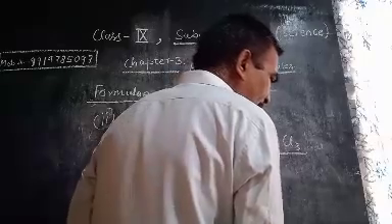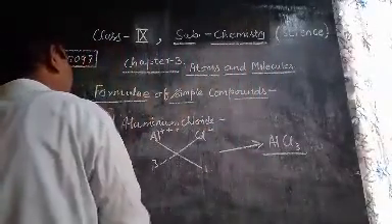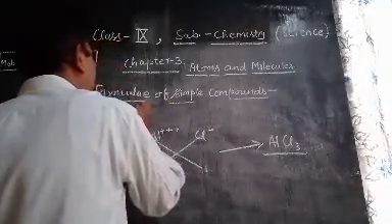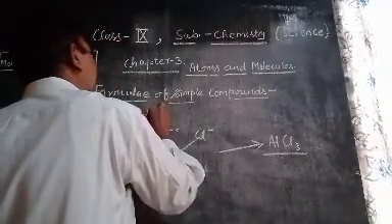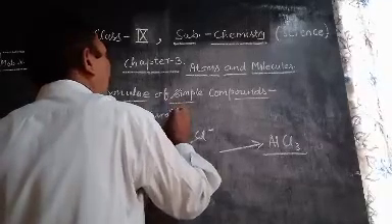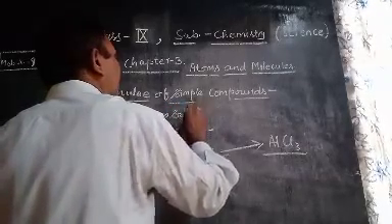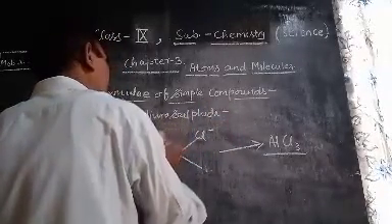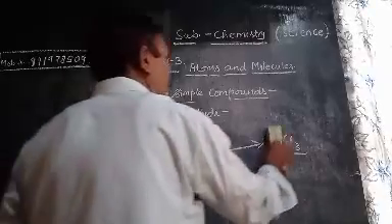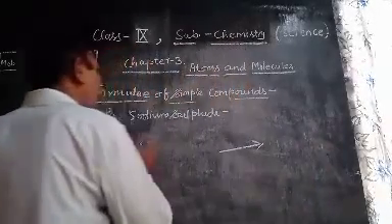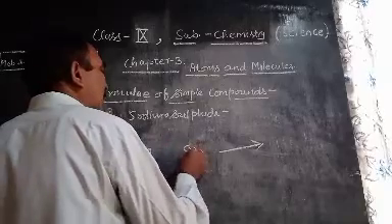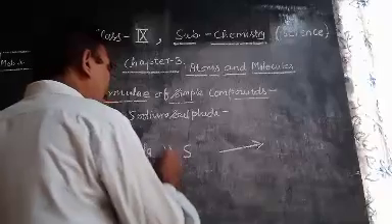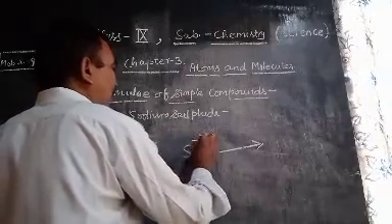Third one is sodium sulfide. Sodium and sulfur. Two different atoms are taking place in bond formation. Valency of sodium is 1 and sulfur is 2.